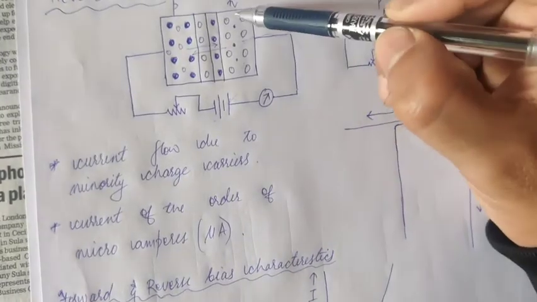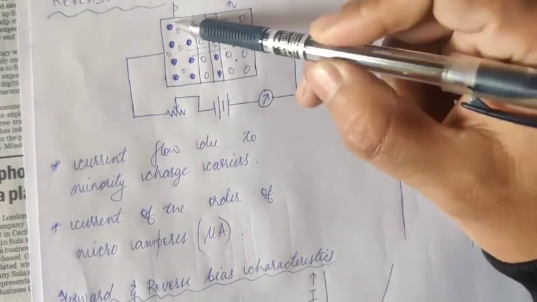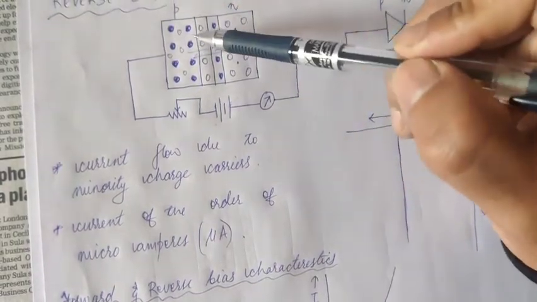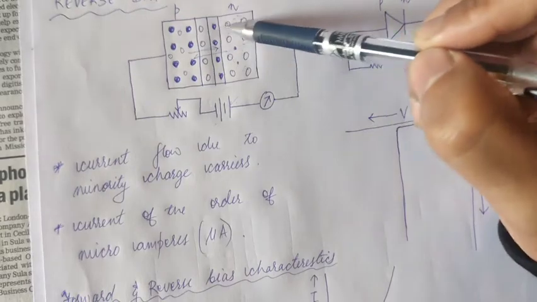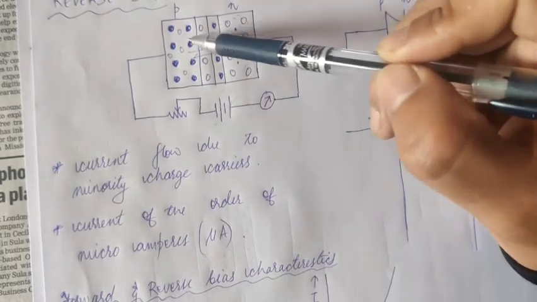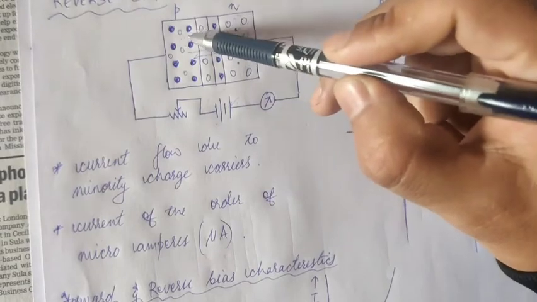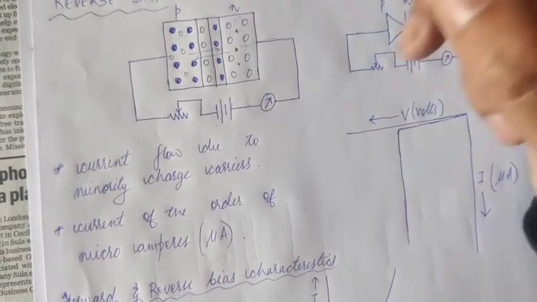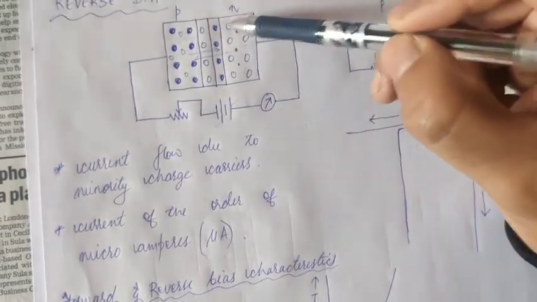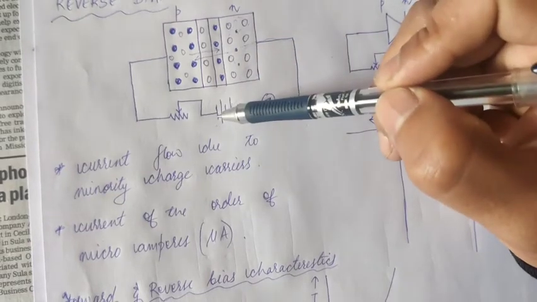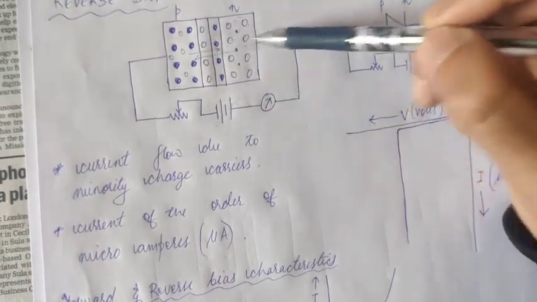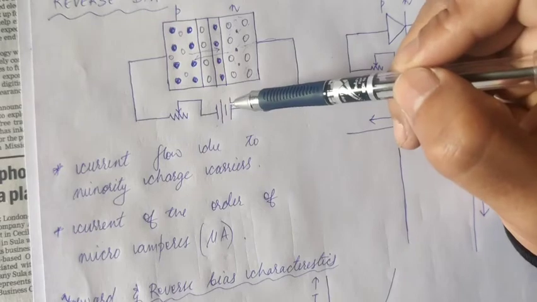So you have a huge number of electrons generated here. Those electrons from the P side are repelled by the negative terminal. They move towards the N side and are readily attracted by the positive terminal.